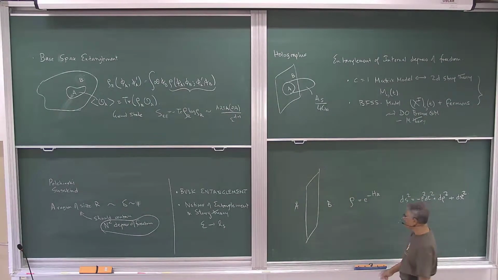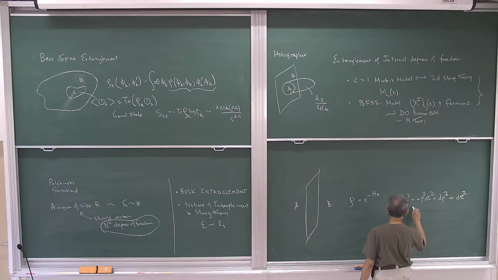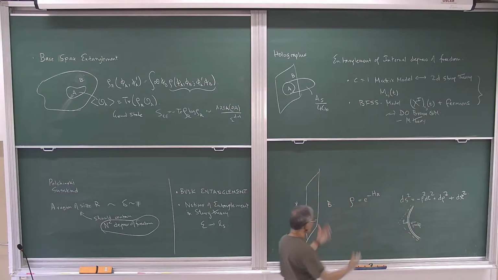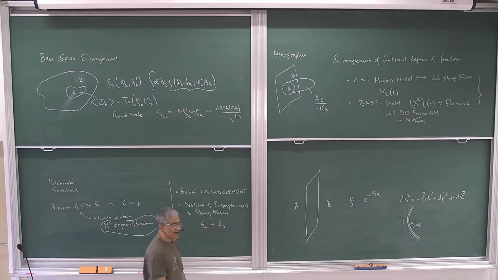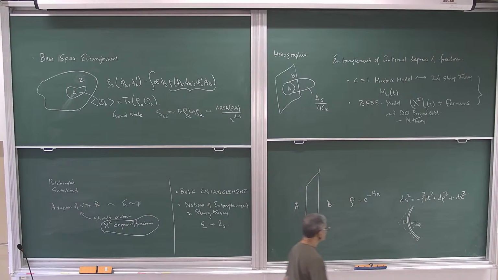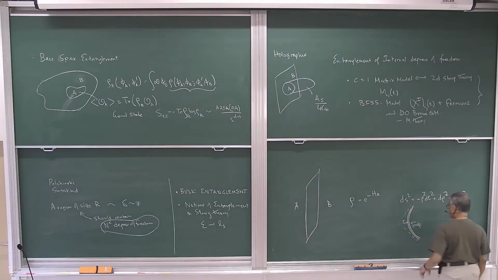There's nothing there. So you take a little strip between rho and rho plus d rho, and you are supposed to calculate the standard thermodynamic entropy of this strip, and then integrate over all strips all the way to infinity.